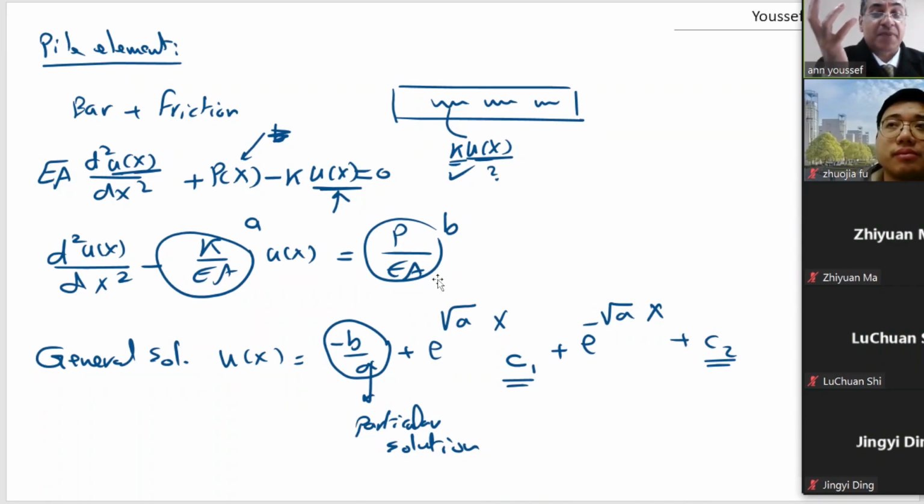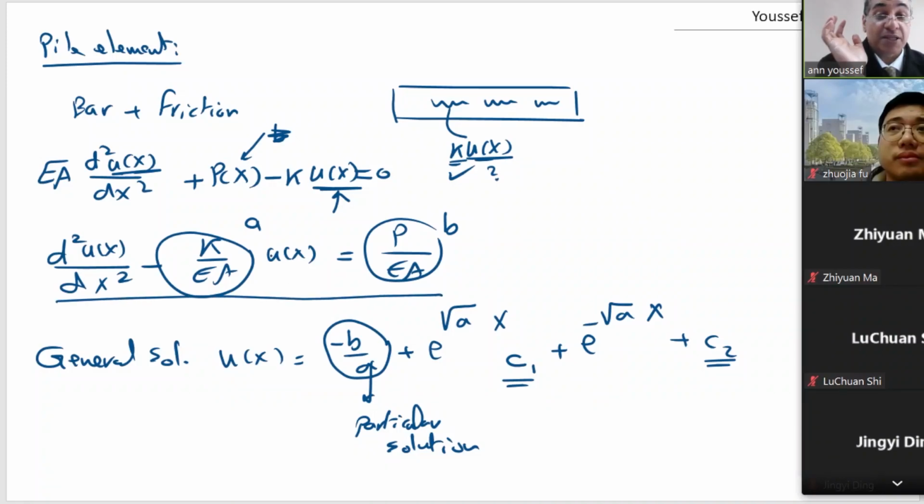But here I'm insisting on putting this pile element mainly because when we go to bar dynamics and use time differencing or the Laplace transform, we'll end up with the same equation as this one. But instead of this part, like friction, we'll have the inertia terms. So this element is very, very important to be studied.